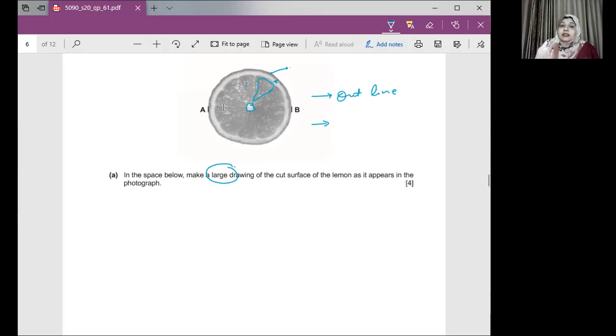As it is a segmented fruit, you have to count 5, 6, 7, 8, 9, 10, 11. You have to concentrate on its segments also. It is not 100% round. So if you want to use a compass to draw the round structure, you have to be careful that it shouldn't be done with the compass. You have to make a freehand drawing.